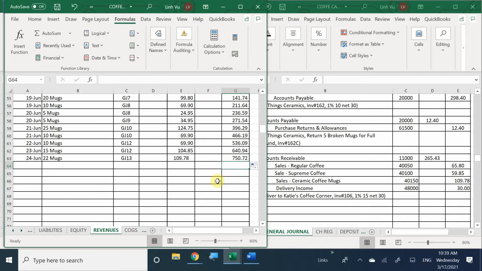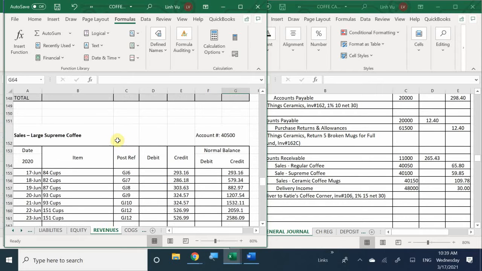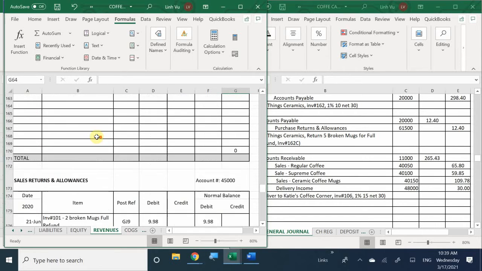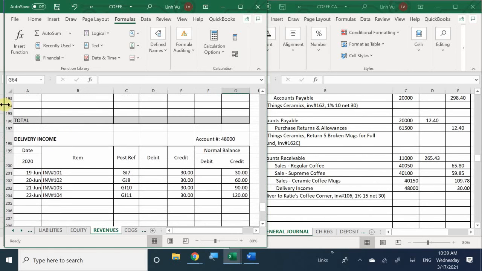Let me see. Now we have delivery income all the way down at the bottom. $624. Invoice number 106.